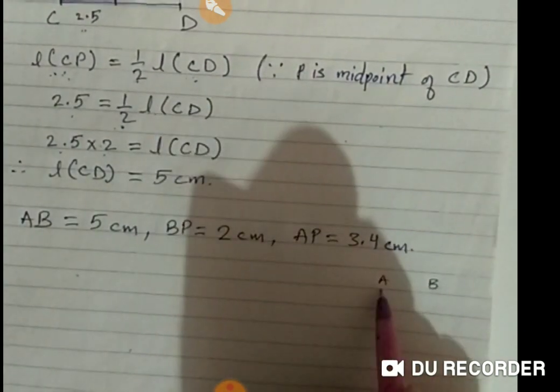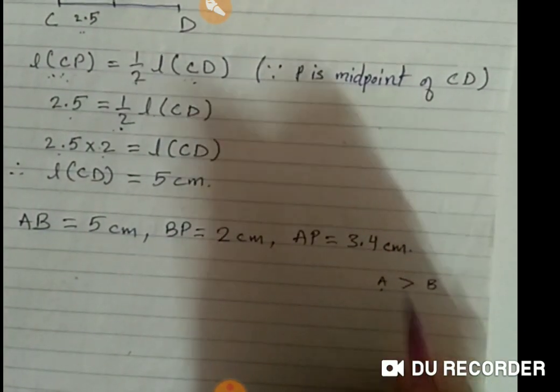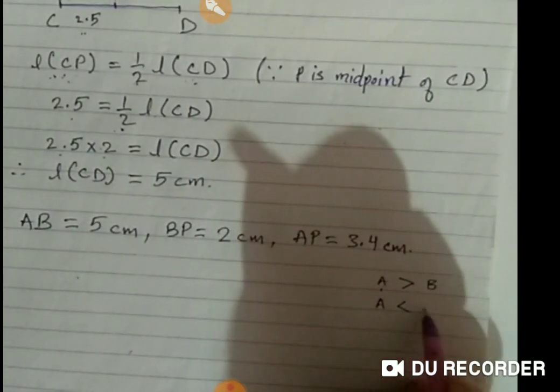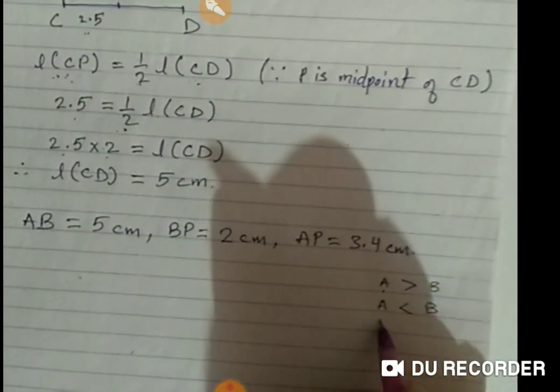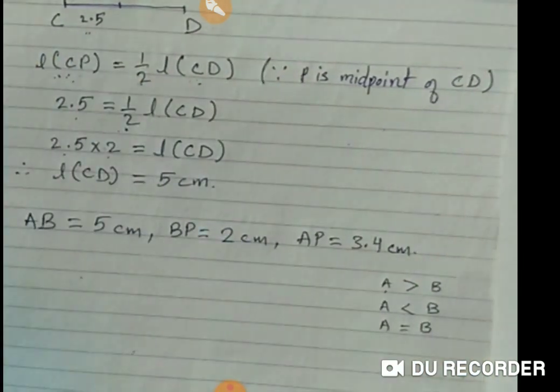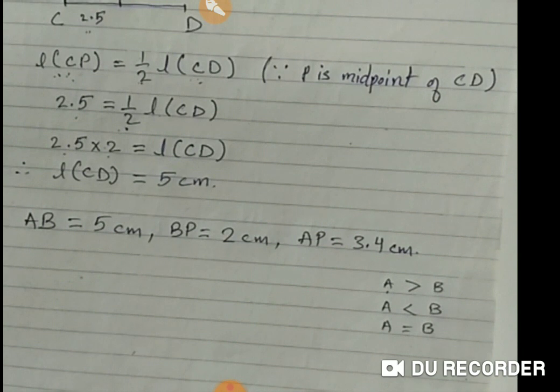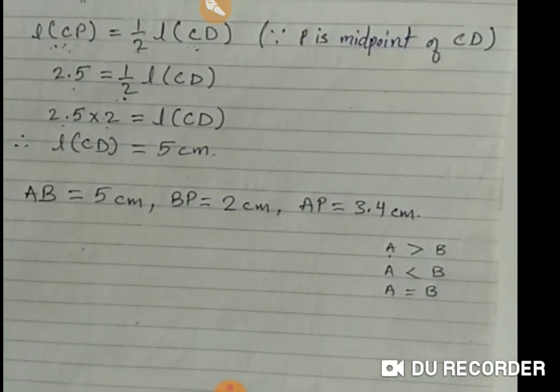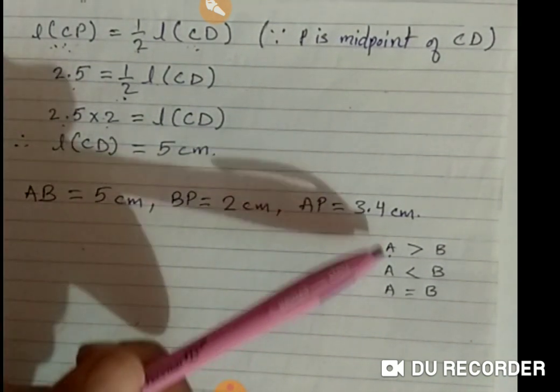A can be greater than B, or A is less than B, or even A is equal to B. So these are 3 possible situations when you compare 2 or more than 2 quantities.